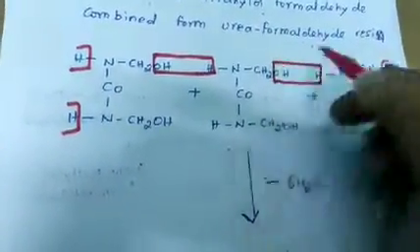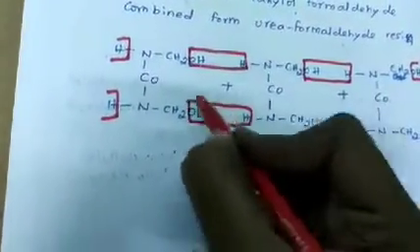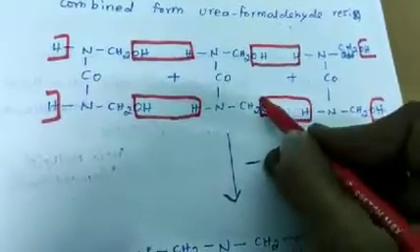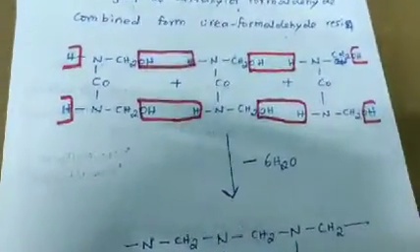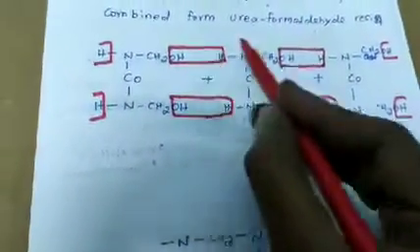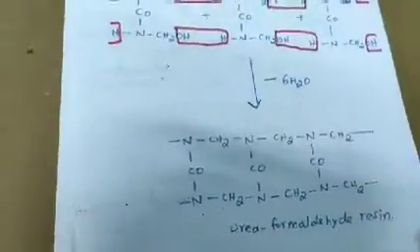Then this OH and this hydrogen, another water molecule, and so on for the rest. Totally 6 water molecules: 1, 2, 3, 4, 5, 6. The remaining molecules get combined.